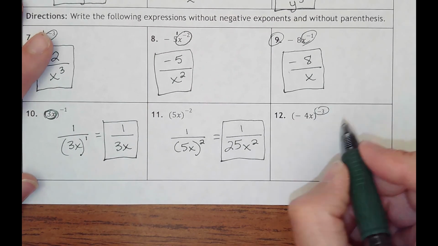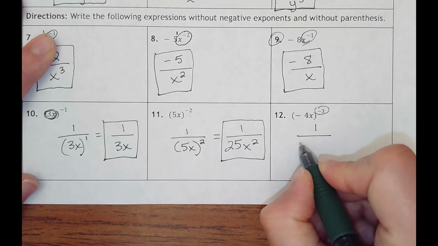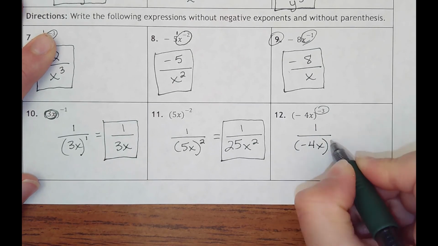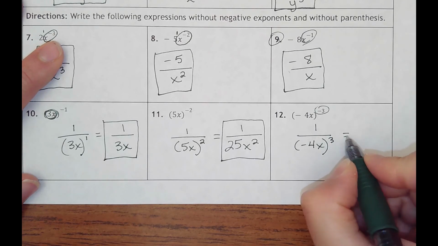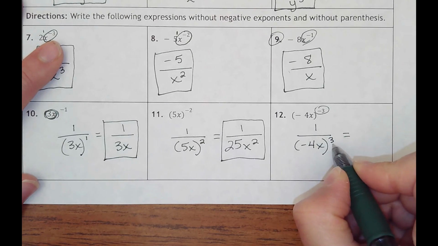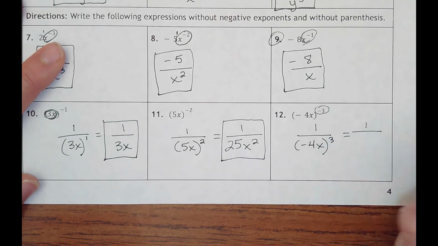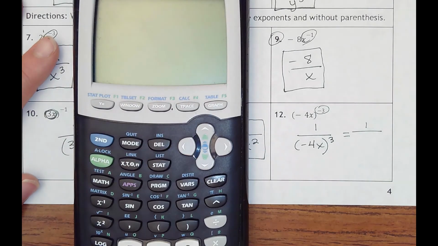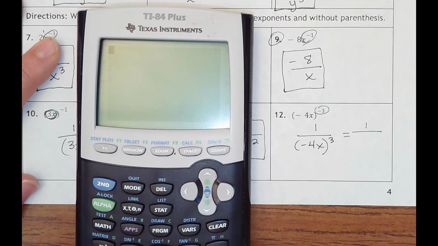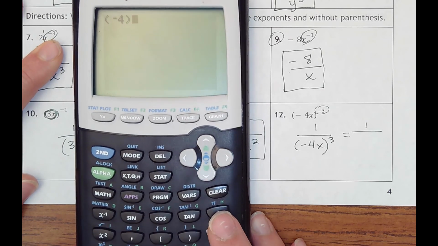All right, and then number 12, you could try it if you wanted to. The whole thing is to the negative 3rd power, so I'll put 1 over negative 4x to the positive 3rd power. Negative 4 cubed. Do that on a calculator if you wanted to. Put parentheses around it. Remember that little up arrow key is right here?